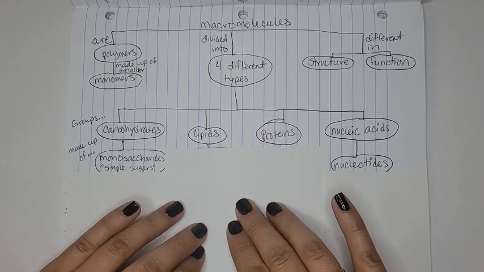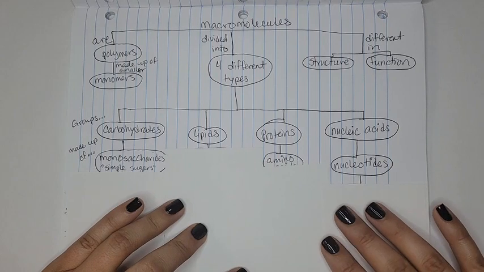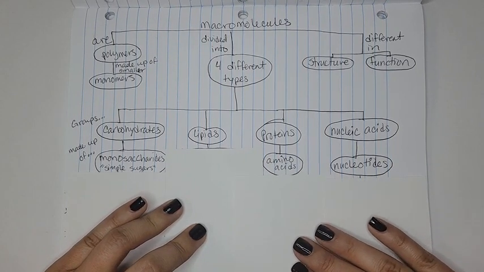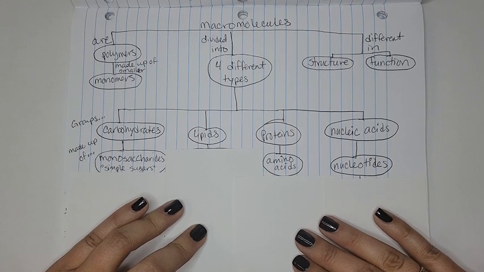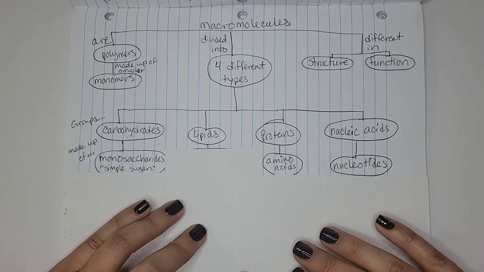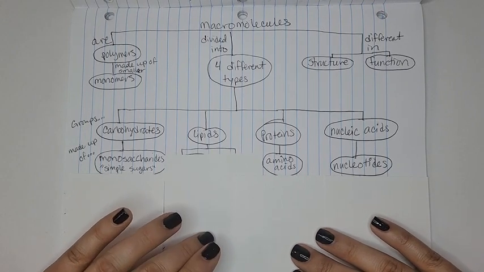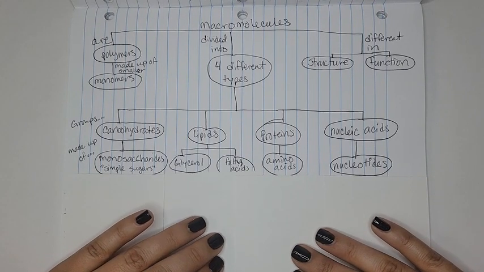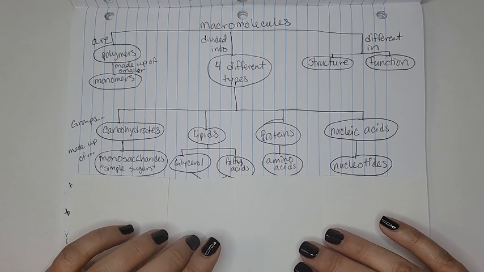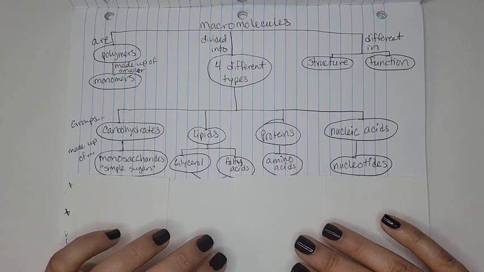Proteins are made up of amino acids. Now, these ones are all pretty simple and straightforward. They have one monomer to be able to identify. Lipids are a special classification, and they actually have 2 smaller units, a glycerol and fatty acids, that come together to make their monomer unit.